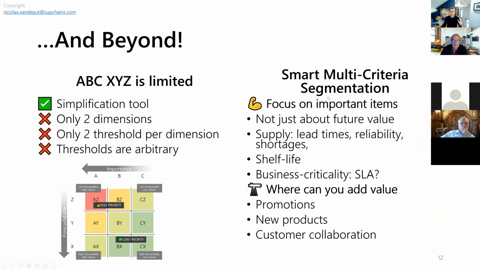And then what you want to have is a smart multi-criteria segmentation where you say, okay, but let's also take into account shelf life, supply reliability, a new product, and so on, and I would move out of ABC XYZ. The great thing about ABC XYZ is it's straightforward, it is simple to understand, and that's great. But if you want to face more complexity, adding more dimensions, you will lose this simplicity aspect, and I would advise you to move on to another tool.